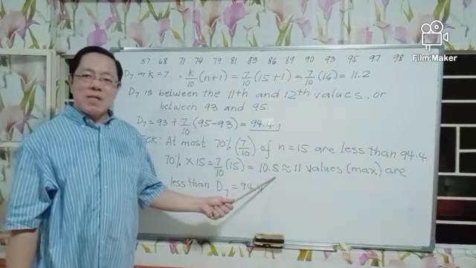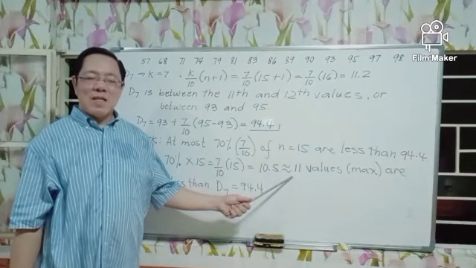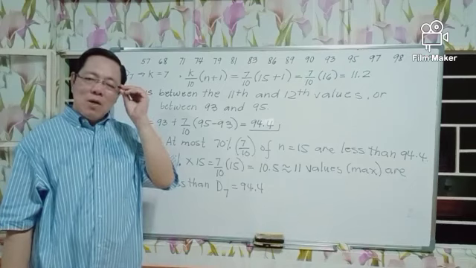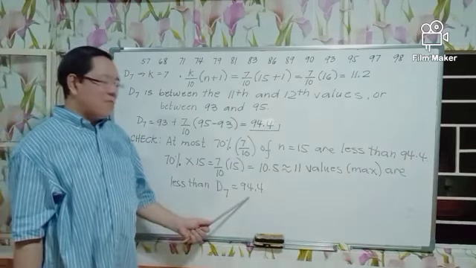Rounded up to the nearest whole number, we have 11. This means that at most 11 values should be less than the 7th decile, 94.4.